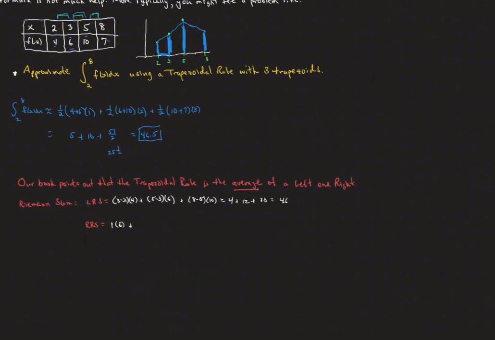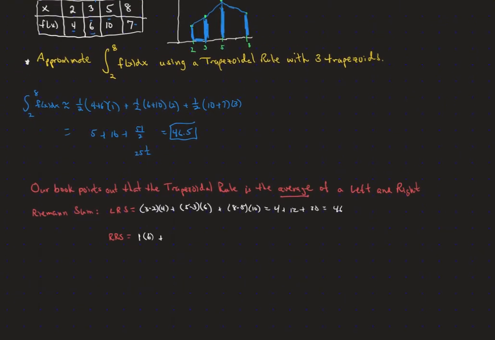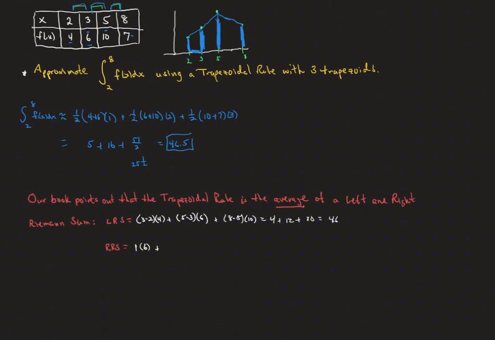So 5 minus 3 is 2 times its height, which is going to be that value of 10, the right side of our rectangle. Then the 8 minus 5 is 3, and we're going to use the 7, the right-hand side. So that's going to be 6 plus 20 plus 21, so that's going to be 41, 47.